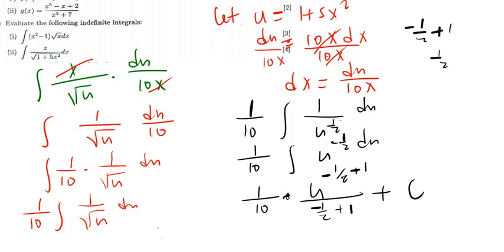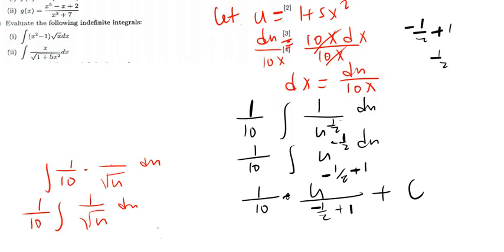So we end up having 1 over 10, then here I'll have u raised to the power 1 over 2 divided by 1 over 2. Like I said, dividing by a fraction is the same as multiplying by the reciprocal of it. But if you don't manage to do that, it's basically the same thing. You can just do the simple math. So it's going to be 2 over 1, which is just 2, plus c.